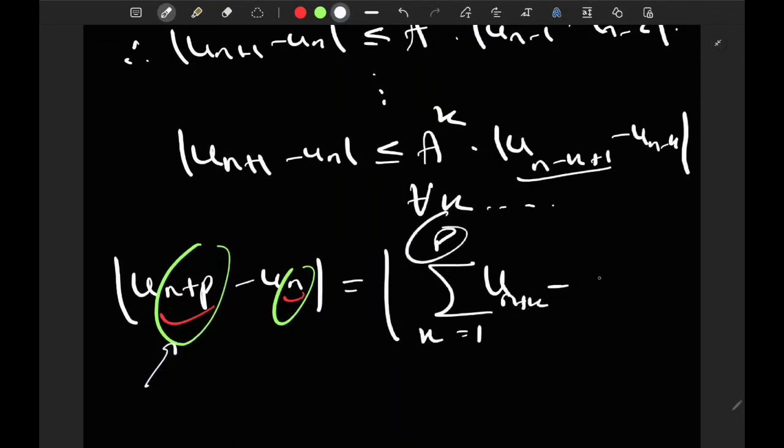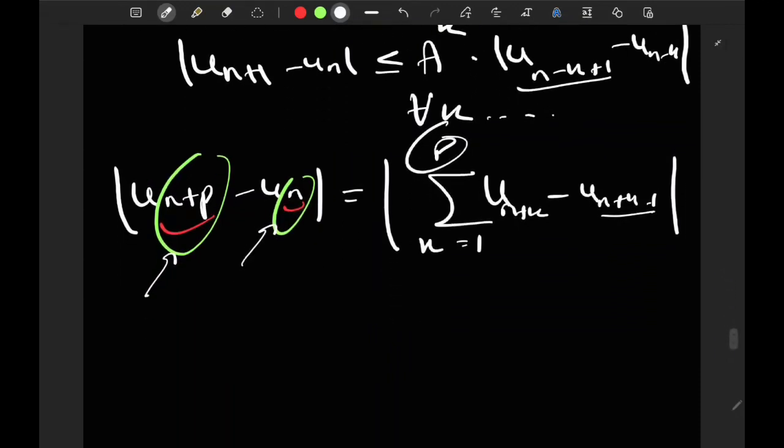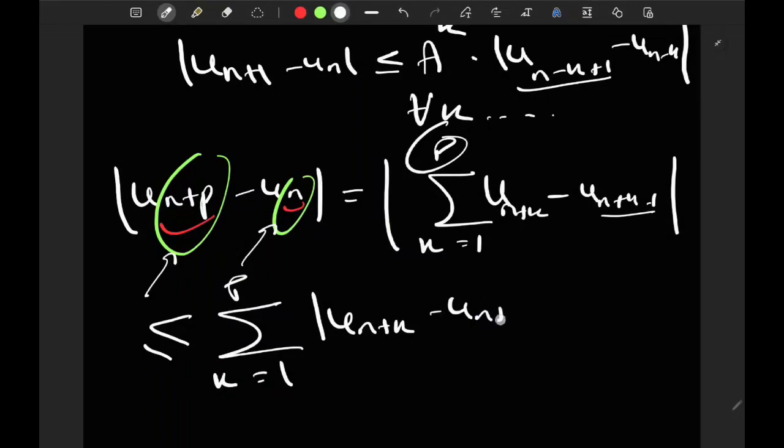So this is u_{n+k} minus u_{n+k-1}. You can verify that if k is equal to 1, then this is just n, which is what I recover here. By repeated use of the triangle inequality, this is less than or equal to the sum from k equal 1 to p of |u_{n+k} minus u_{n+k-1}|.